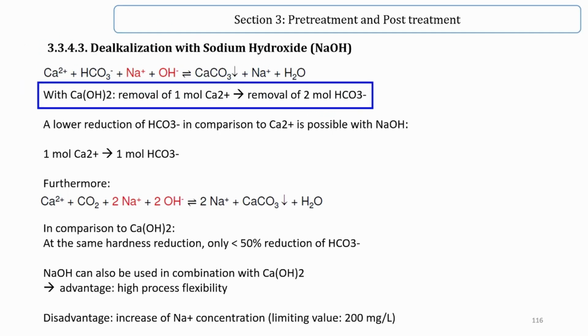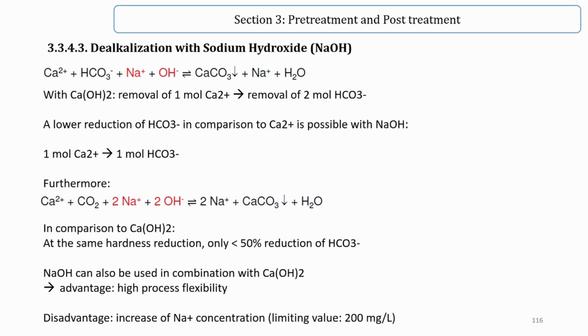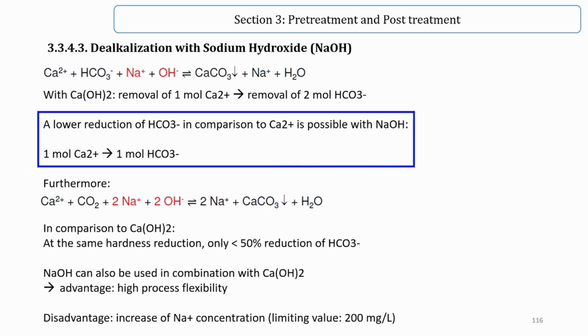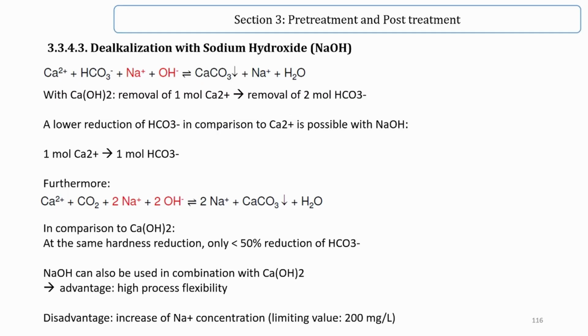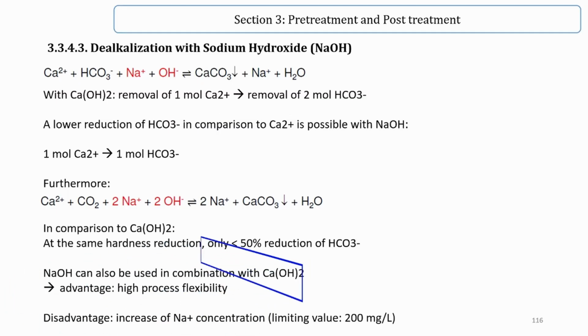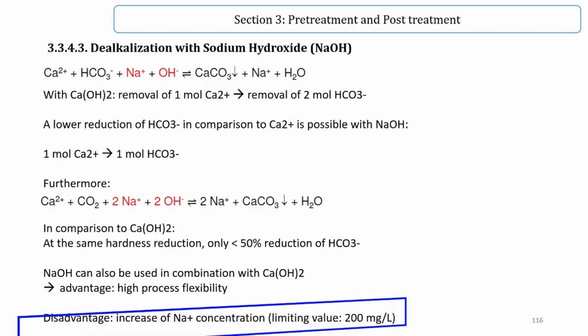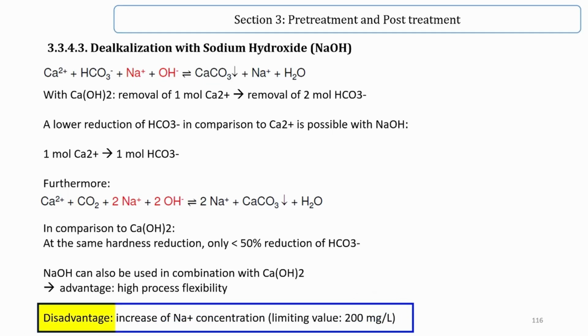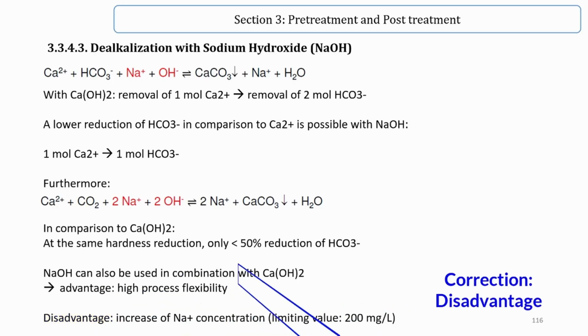Because with calcium hydroxide, in the removal of 1 mole calcium, 2 mole bicarbonate can be removed, but with sodium hydroxide, 1 mole bicarbonate is removed. It can also be used in combination with calcium hydroxide. This process is not recommended for the reverse osmosis system due to the increase of sodium concentration, which is one of the main disadvantages.